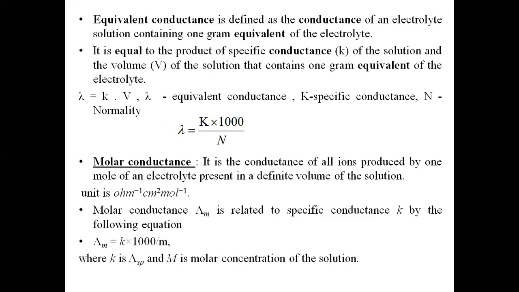That is, molar conductance is equal to specific conductance into 1000 divided by the molar concentration of the solution. The unit of molar conductance is ohm raised to minus 1, centimeter square, mole raised to minus 1.